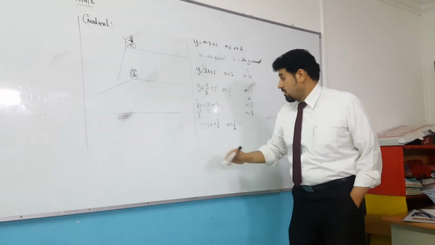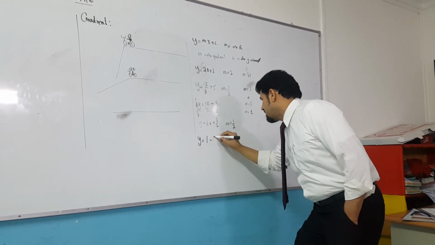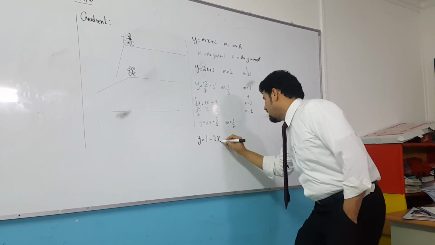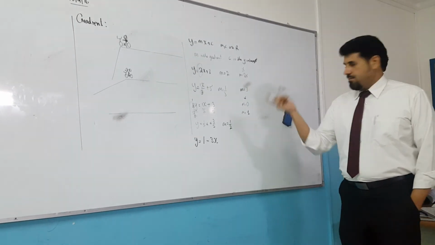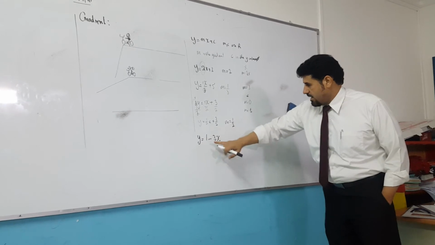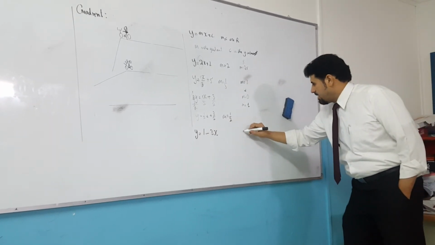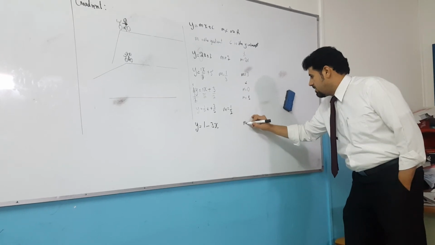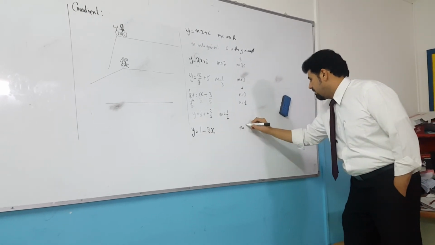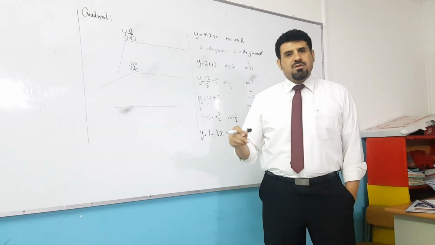Actually, I remember one more example before I finish. y equals 1 minus 3x. There's another common mistake here. When the equation is written like that, where the constant is in the beginning, many people will give me the gradient to be 1. They think that the gradient should always be in the beginning, but it's not.